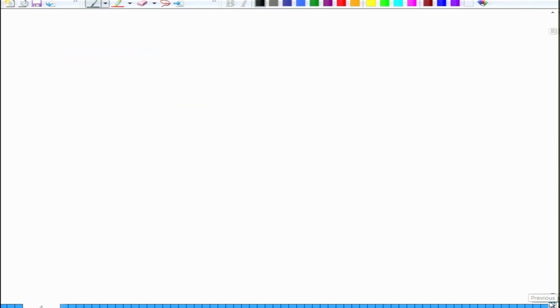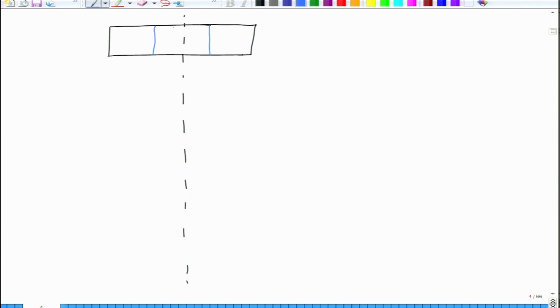So let me see what we make out of it. If you have a picture like this, this is a p-n junction. Somewhere here we have the depletion region. This is P, this is N, this is the interface.